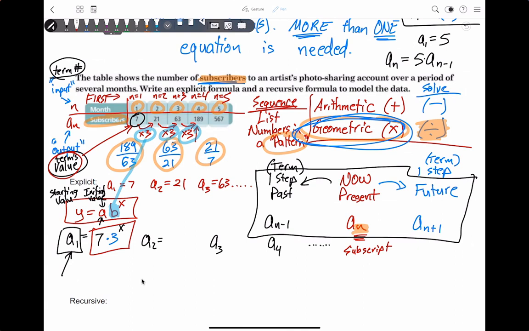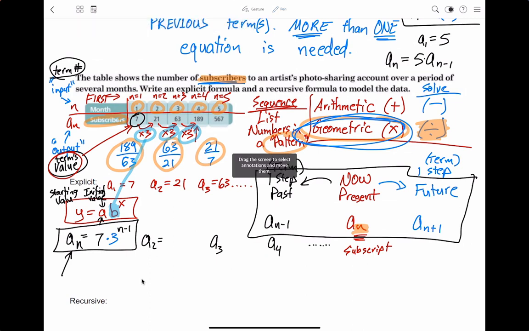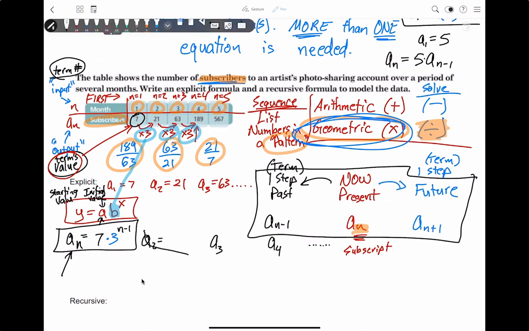But this x right here doesn't really quite match up with this 1 right here. So with recursive and explicit formulas, in this case it's the explicit, we're going to change that to n minus 1, and we're going to change this to a sub n. So this becomes our explicit formula that will work with all of these values that we're searching for.